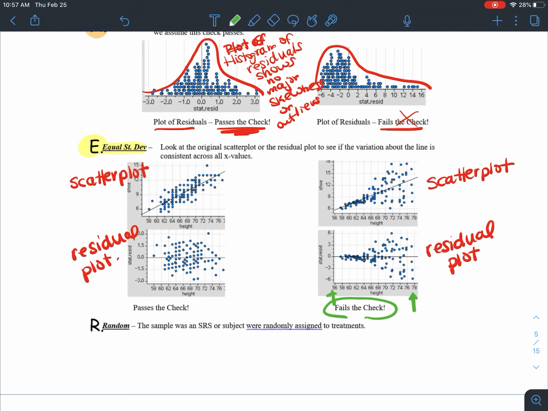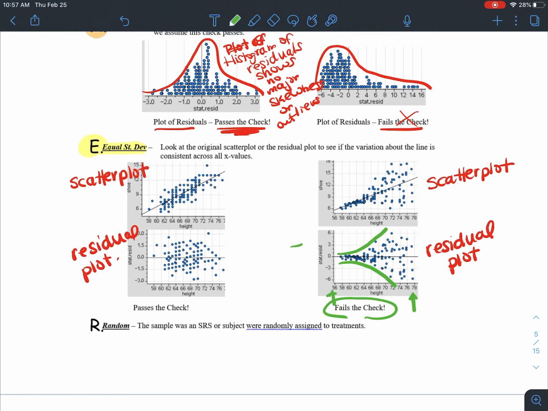This is failing the check because it feels like the variance is very small for small values of x. My residuals are pretty close to where my regression line is because they're not very far off of the residual value of 0. But as I start getting to these larger values of x, see how it's really extending way out and I'm getting much larger residual values.